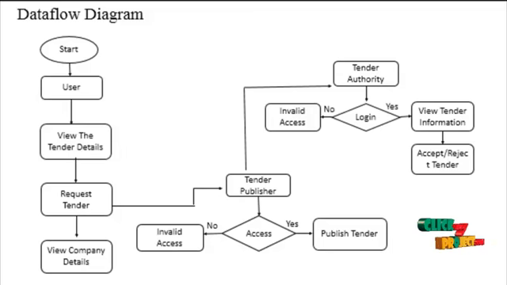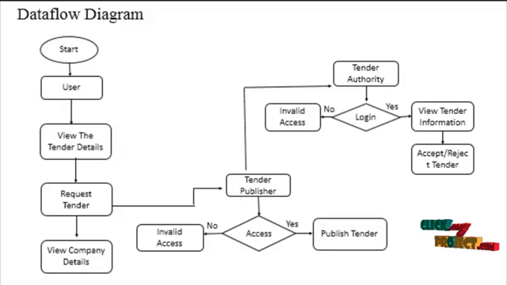The tender authority also logs in with his or her own username and password. This module can view the tender information and also accept or reject the tender. If the tender is accepted, it goes to tender publishing.